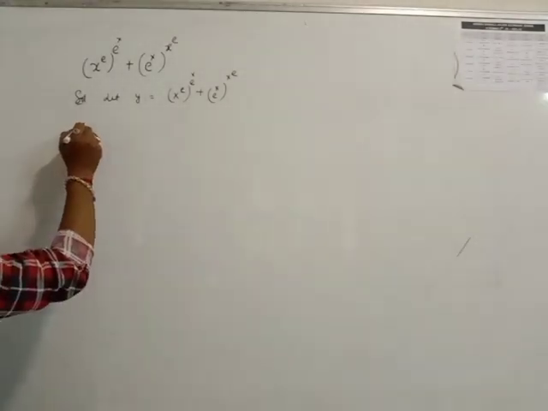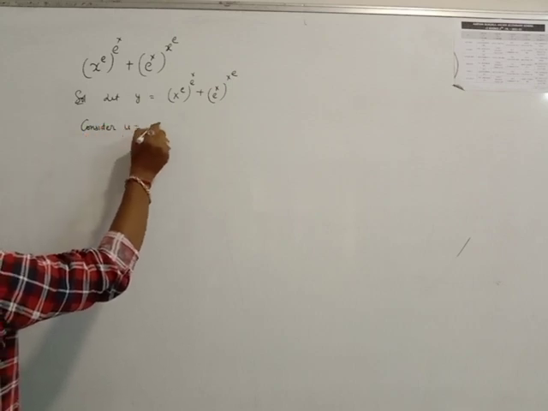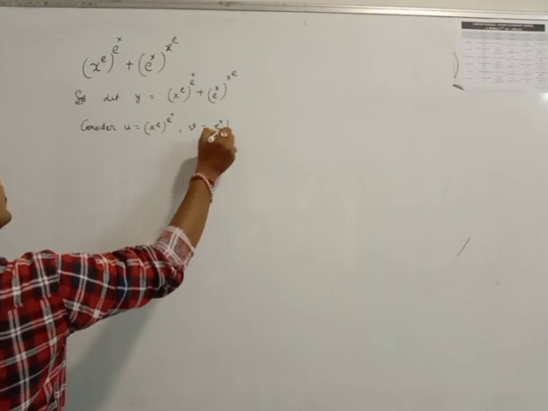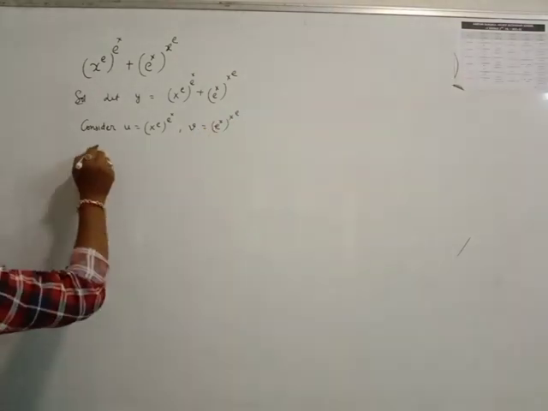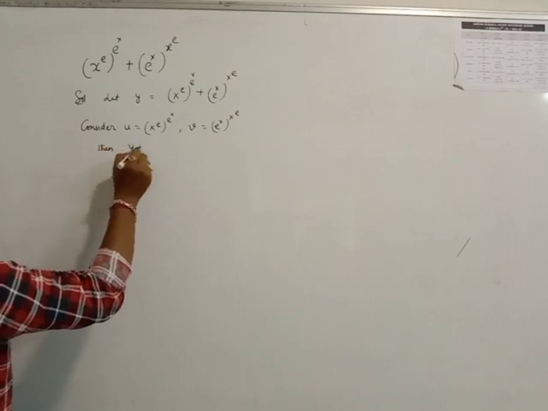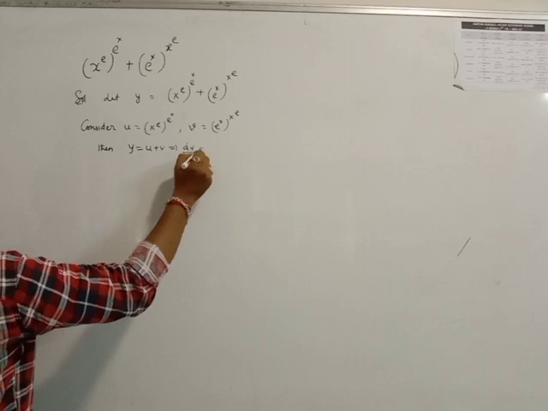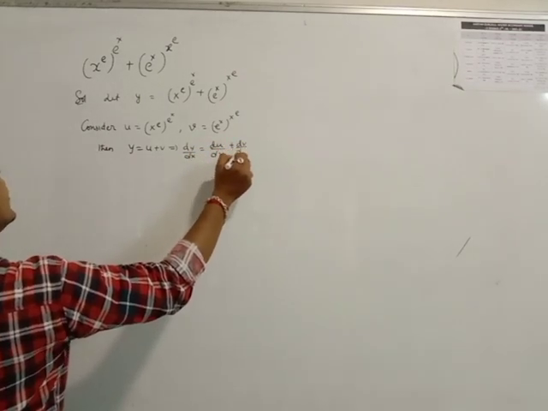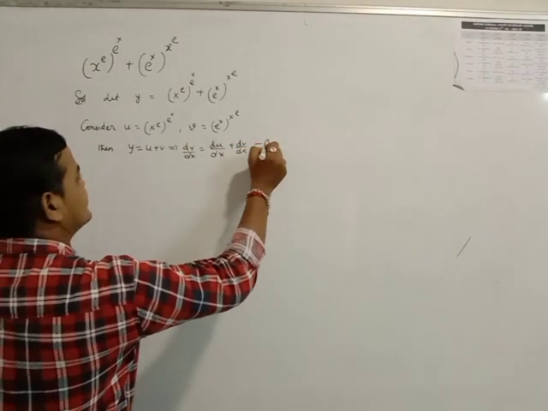What you need to do is consider u is equal to x power of e whole to the power of e power of x, and v is equal to e power of x whole to the power of x power of e. Then y is equal to u plus v, which implies dy by dx is equal to du by dx plus dv by dx. This is equation 1.